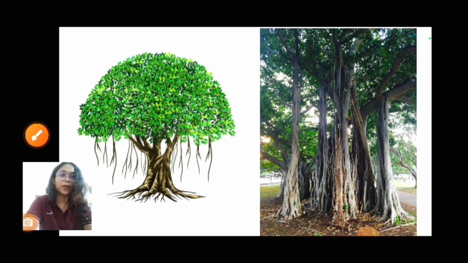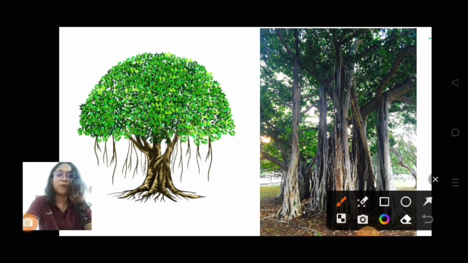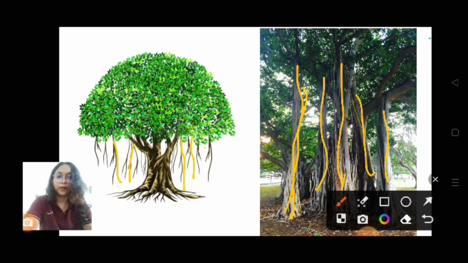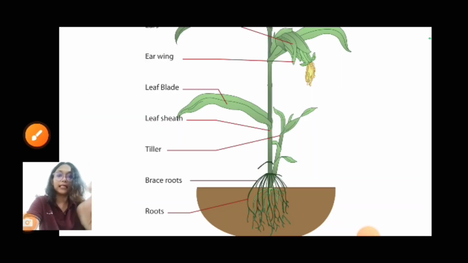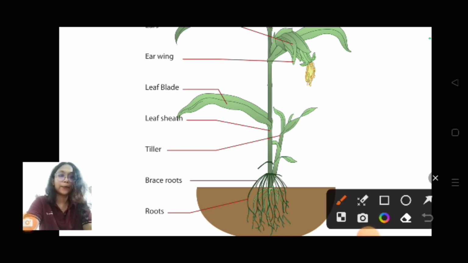So, we'll see one picture of it. See, in case of banyan, it is coming out from the branches. These are root systems. In case of banyan, okay, it is not coming out from the radicle. Therefore, it is called adventitious root in banyan. Okay, and let's see in a maize.